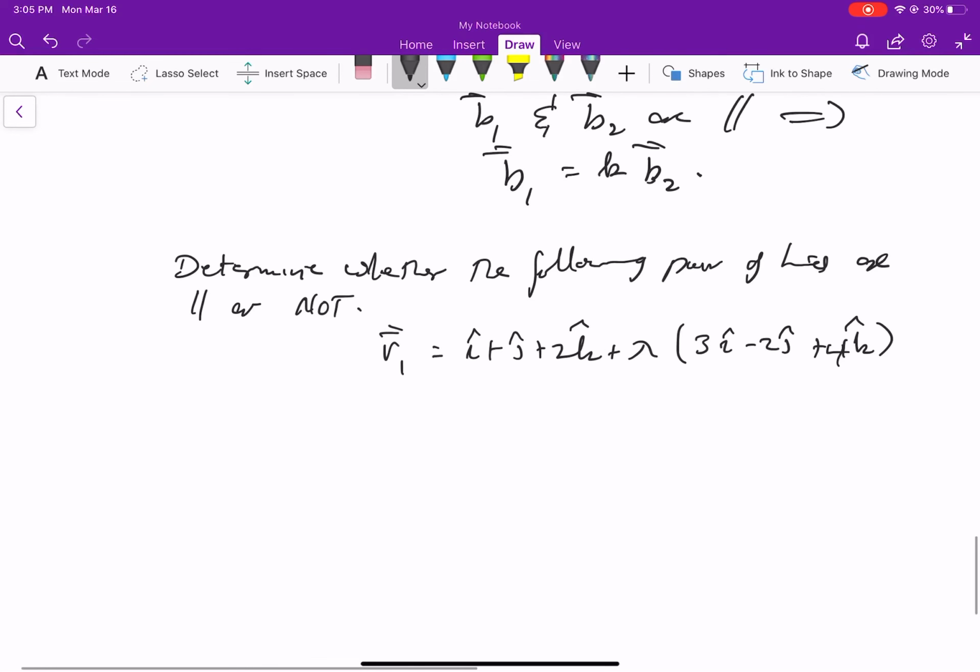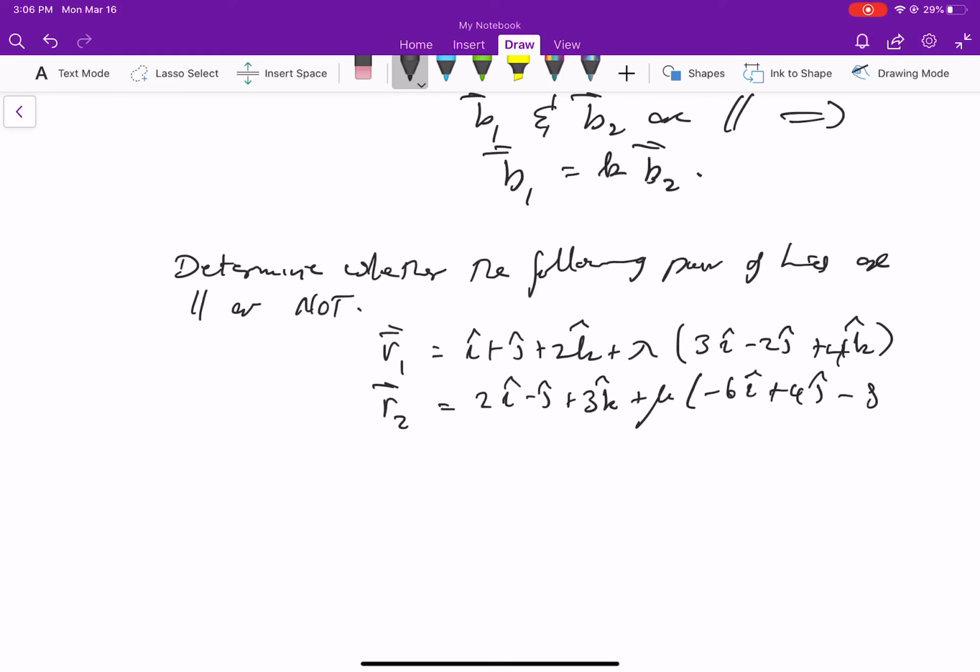And then the second line, R2, is equal to 2i minus j plus 3k plus mu into minus 6i plus 4j minus 8k.